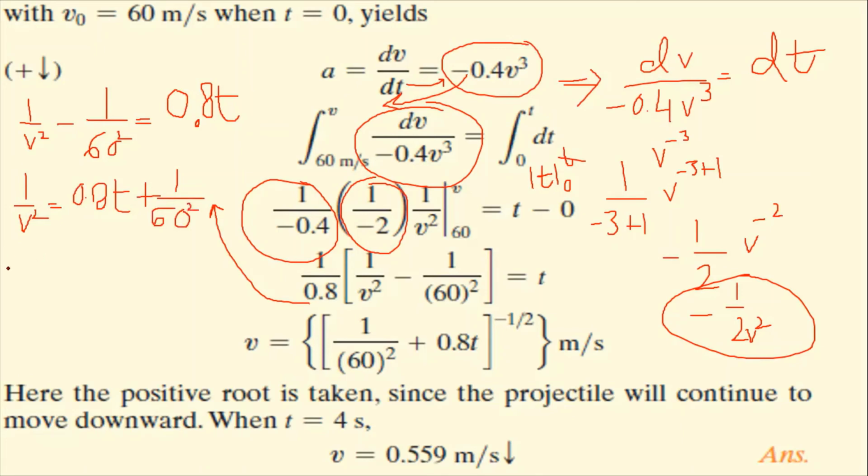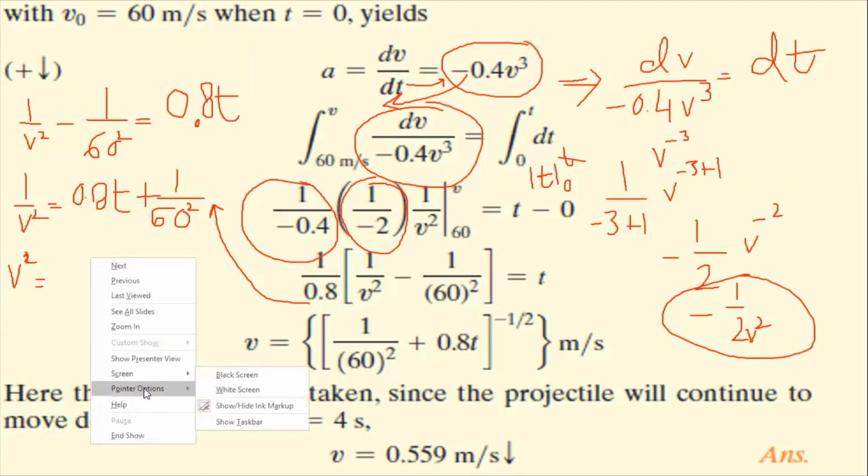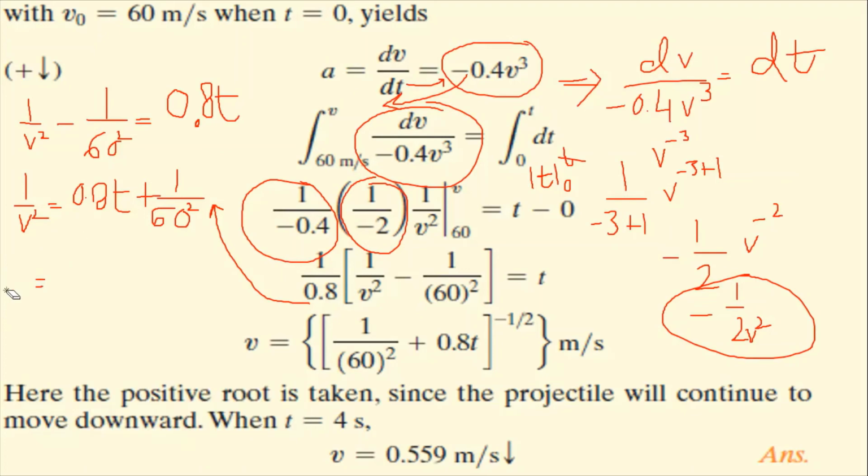What we have to do, we will transform it. It will become v squared, and we will bring it down. And one more thing we can do, we can take the square root, or obviously we have to take it under root. But before that, we will bring it down. So how can we do that? Let me tell you. One more thing is an easier one, and that is far better than this.